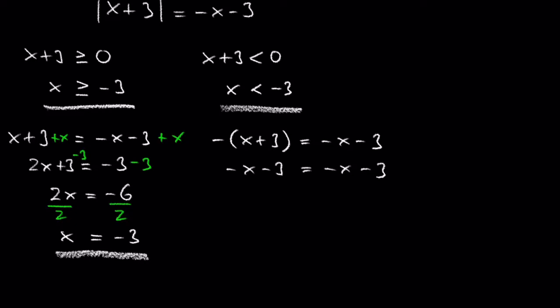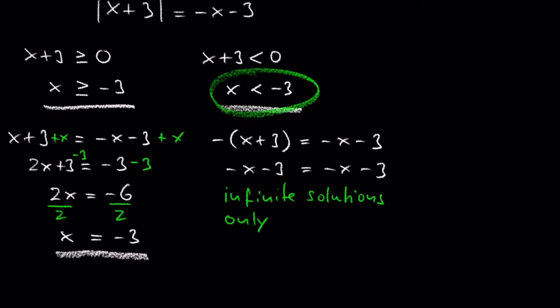This means we have infinite solutions, but we have to check under what kind of condition. This case is for x less than negative 3. So we have infinite solutions only when x is less than negative 3. Let's put this solution and the solution from the first case together in the solution set.